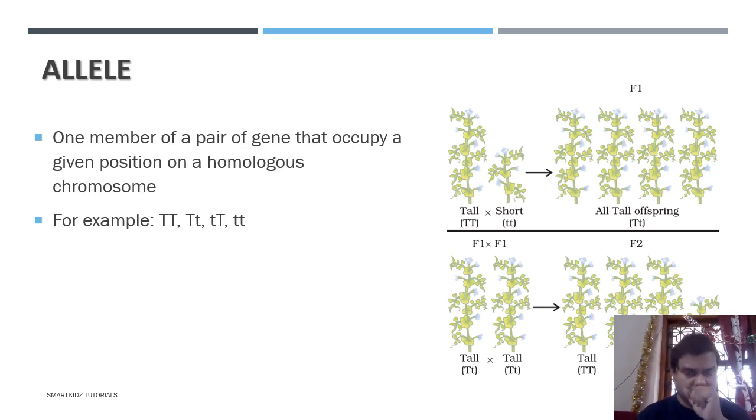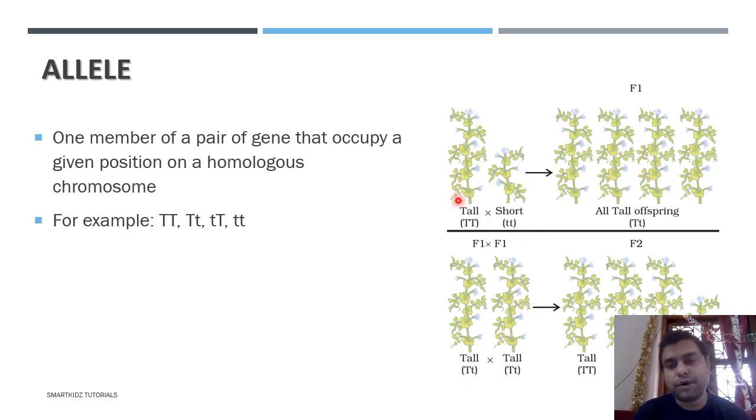So moving on from there, we come to a term called allele. When a member of a pair of genes occupies a given position on a homologous chromosome, that is called an allele. The example given, as you may have noticed in the video when we crossed tall and short, had capital T and small t, small t in brackets.